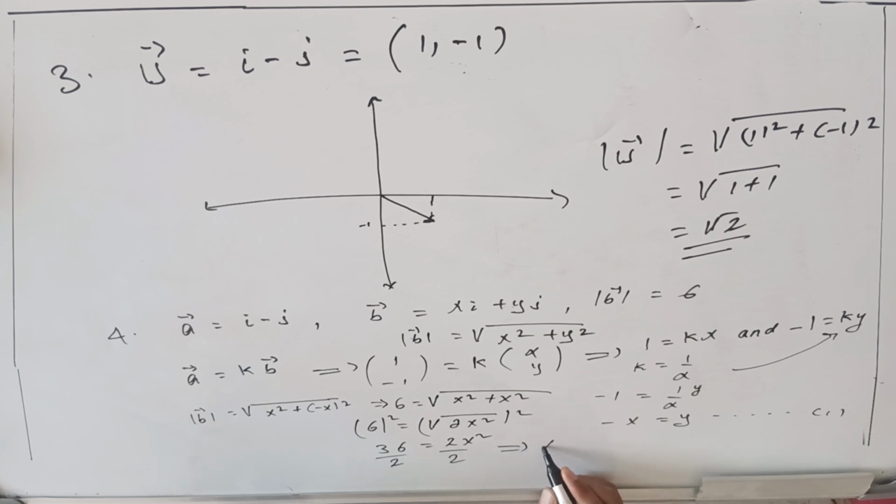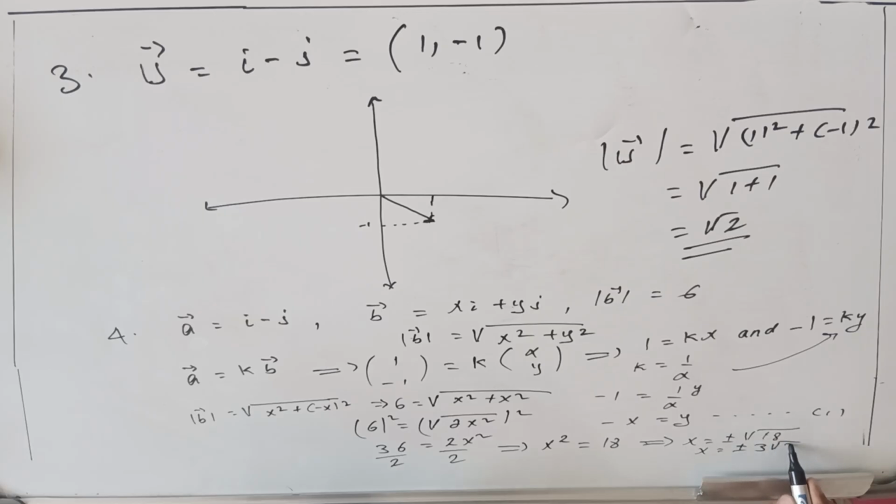This implies x square is equal to 18. That is, x is equal to plus or minus square root of 18. Now from this one, square root of 18 is 9 times 2, so it is plus or minus 3 radical 2.